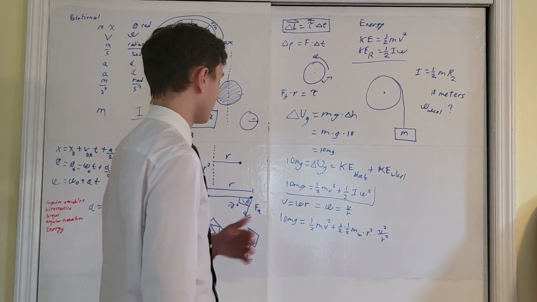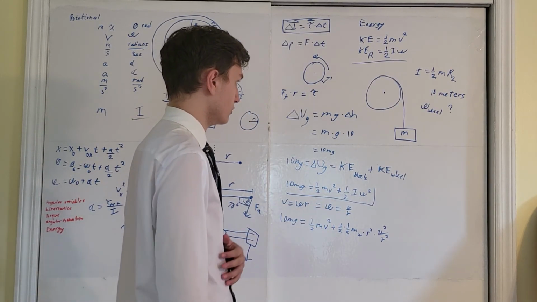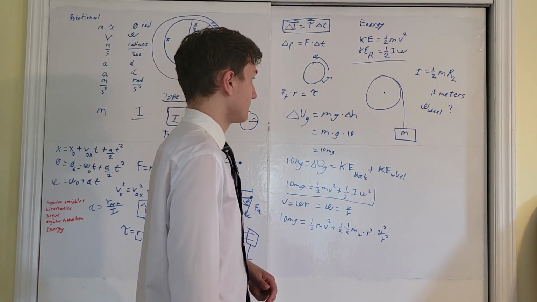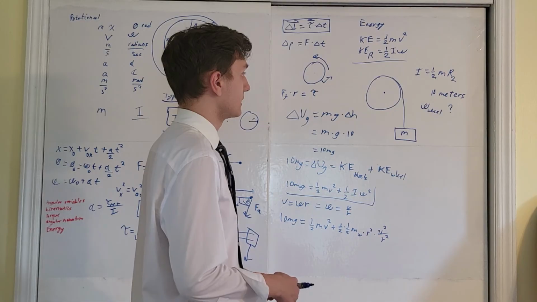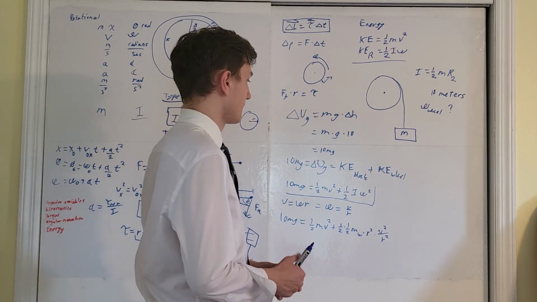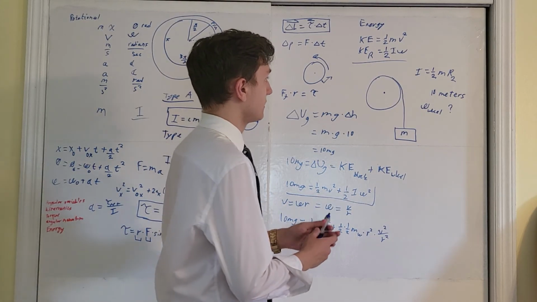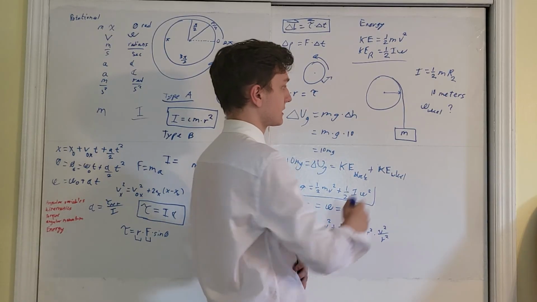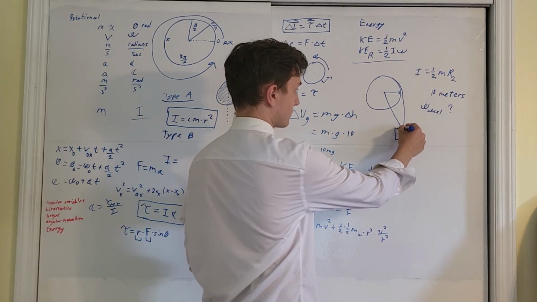You might be asking yourself why I didn't just convert everything to omega. The reason is that I am looking for the angular velocity of the wheel, and the angular velocity of the wheel is given in terms of this radius. The angular velocity of the block is given in terms of that radius.